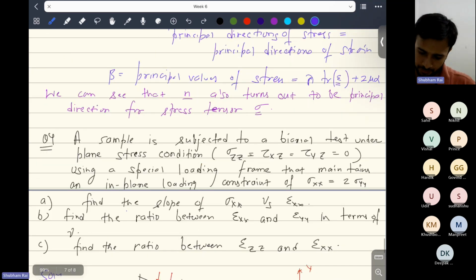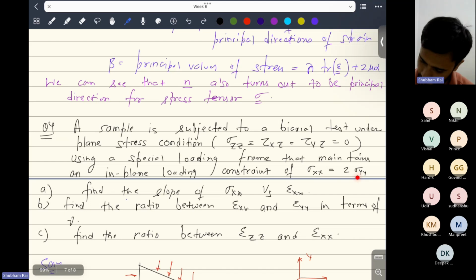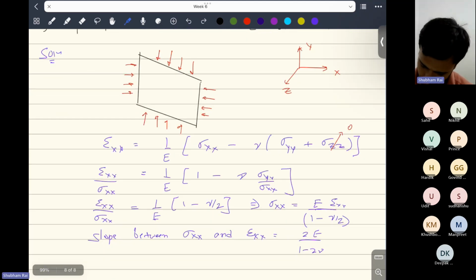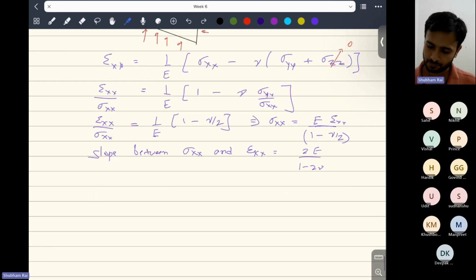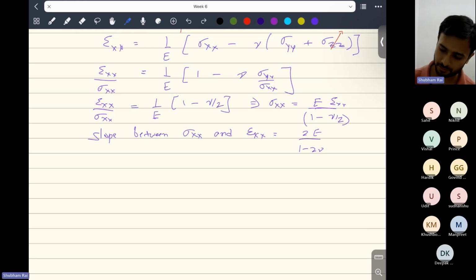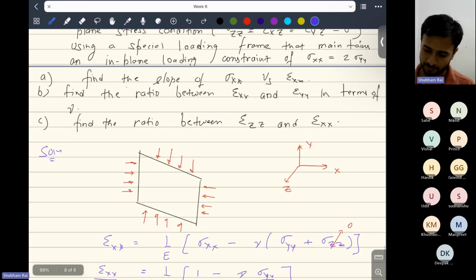Now let me just verify once more. Sigma xx is equal to twice of sigma yy. Okay, it's fine. So we have found out the slope between sigma xx and epsilon xx.